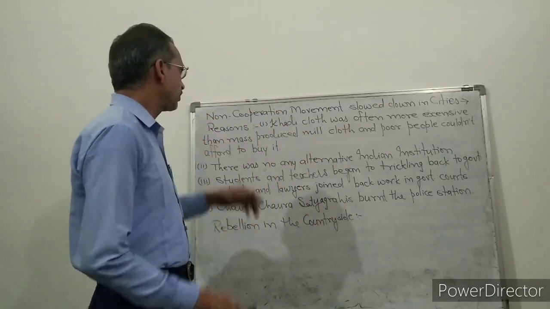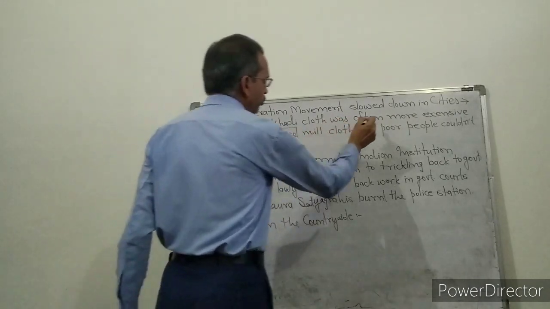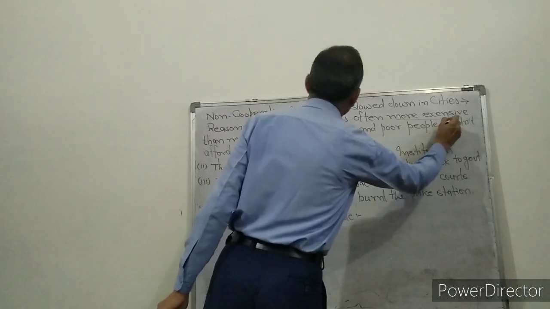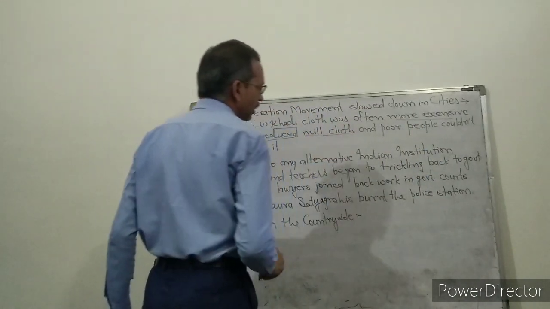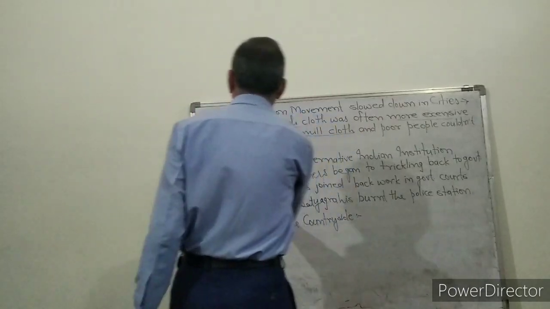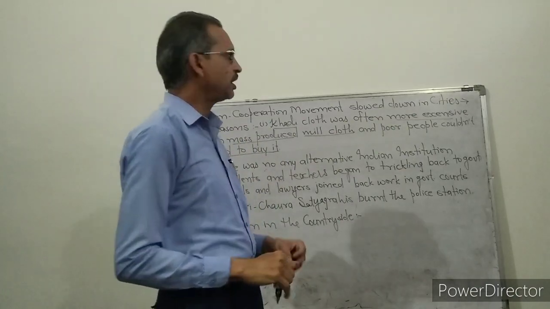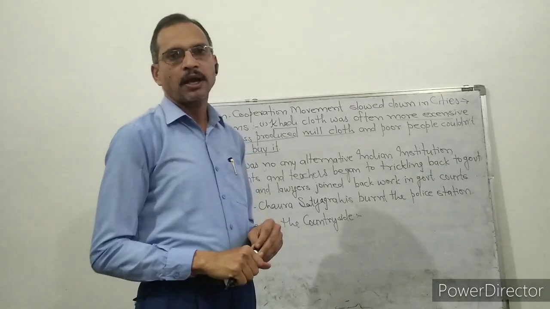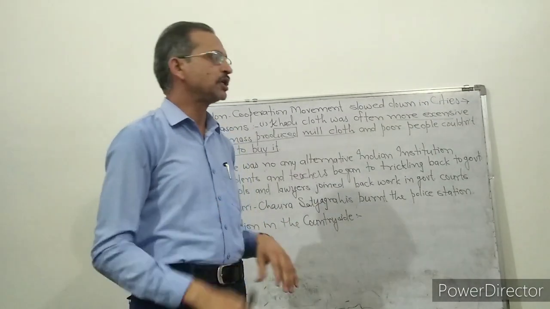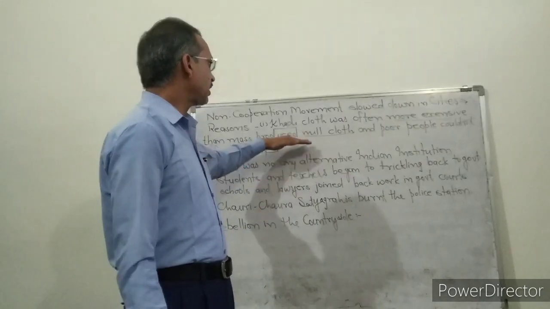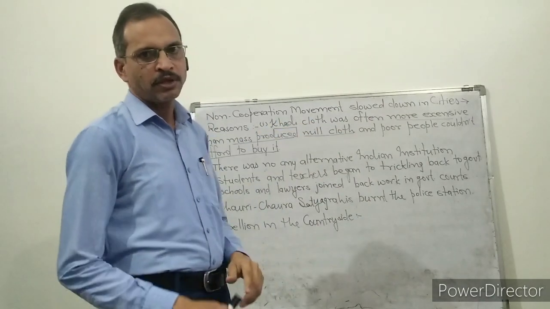The first reason is Khadi. Khadi cloth was often more expensive than mass-produced mill cloth, and poor people could not afford to buy it. The most important reason, Khadi was so expensive, so costly in comparison to mill-made cloth in England.